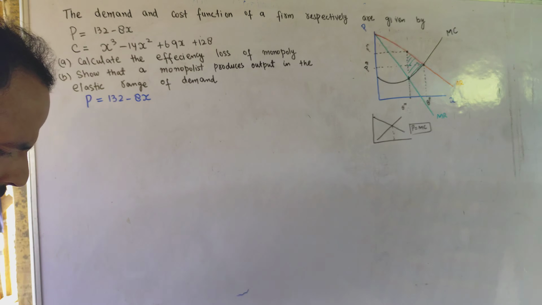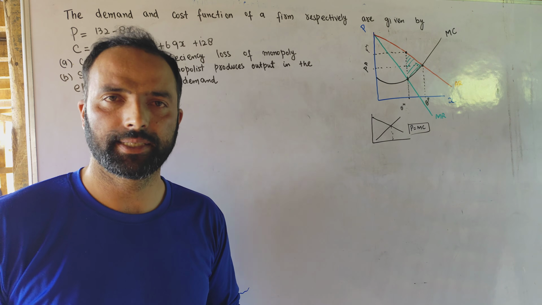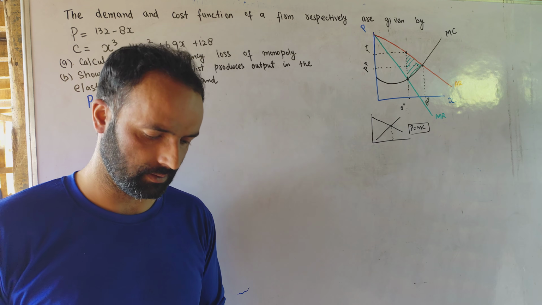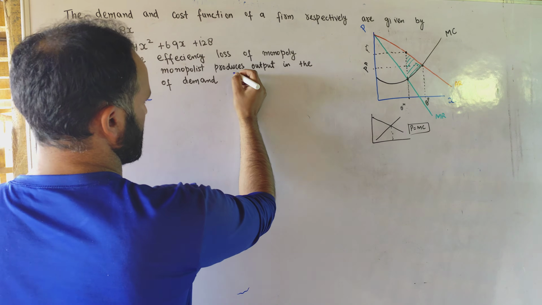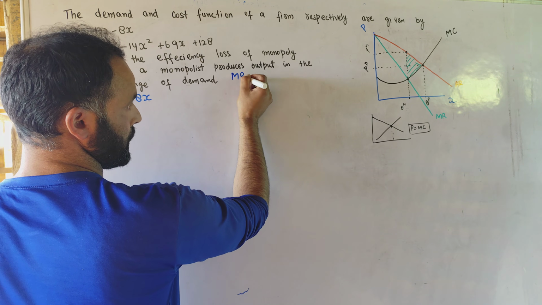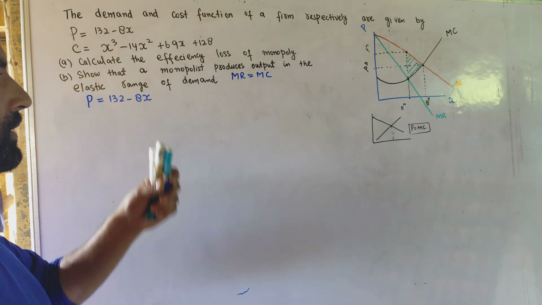Now, the first thing is we need to find out the profit maximizing level of output and price in case of the monopoly. We know that in case of monopoly, profit is maximized when we equate the marginal revenue with the marginal cost. So we have this inverse demand function.